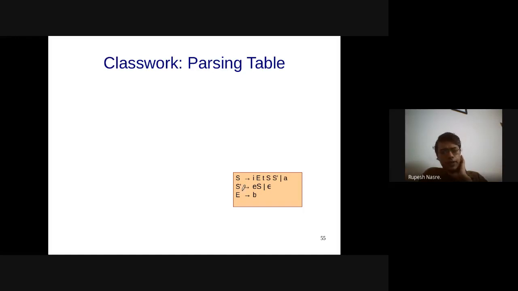Okay, yeah, that seems fine. So we said that S prime is nullable, right? And since S prime derives epsilon, whatever follows S also is in the follow of S prime. Did I say it correctly? No, I didn't say it correctly. I'm mixing first and follow.